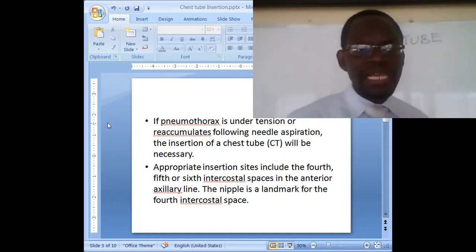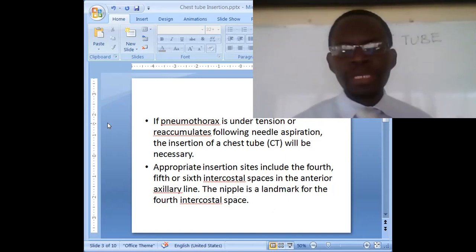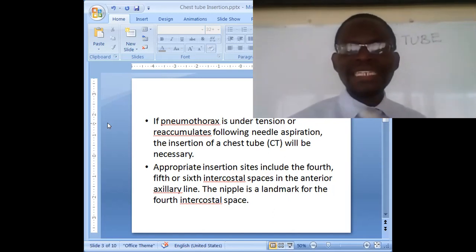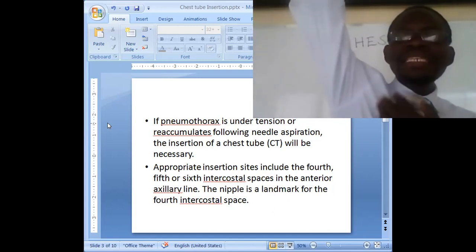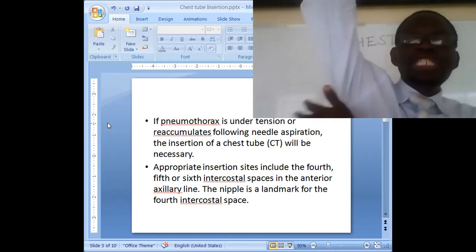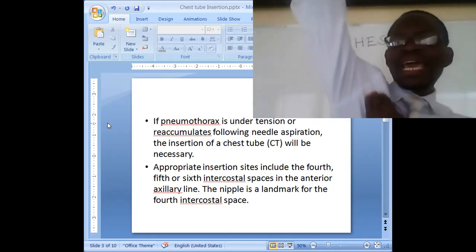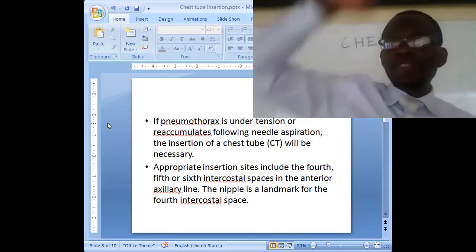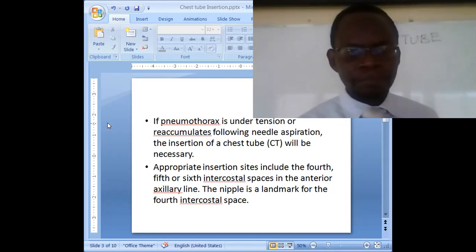And usually it is inserted in the fourth, fifth, or sixth intercostal space, in the anterior axillary line. When you see your axilla, this is my axilla, we have the posterior axilla, then the anterior axilla. So anterior axillary line, in the fourth, fifth, or sixth intercostal space, is where we place the chest tube.